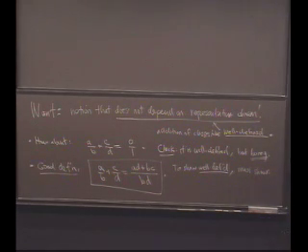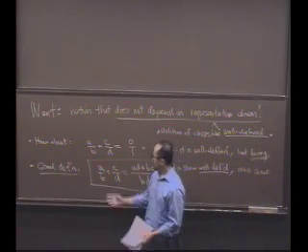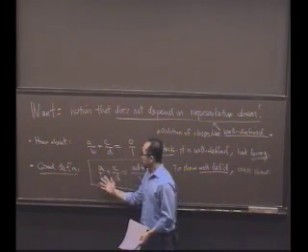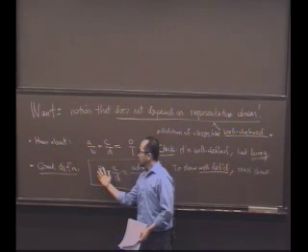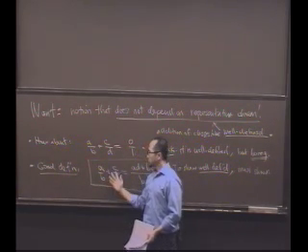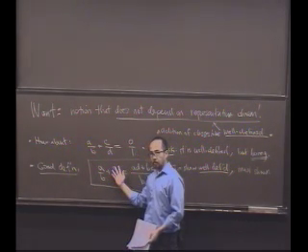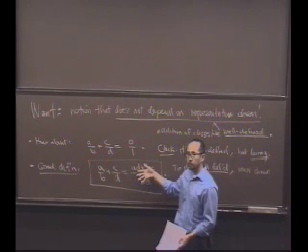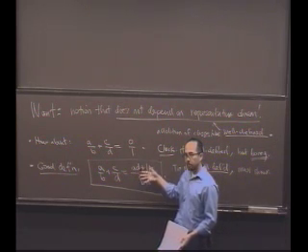Okay, good. So two members from the same equivalence class will give you the same answer. There are several classes we're talking about, so I might change the representative here. I might change the representative here as well. And I want to know, is the answer going to be in the same equivalence class when I do that?